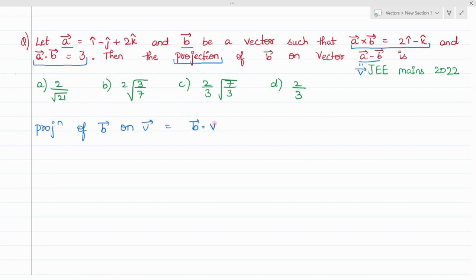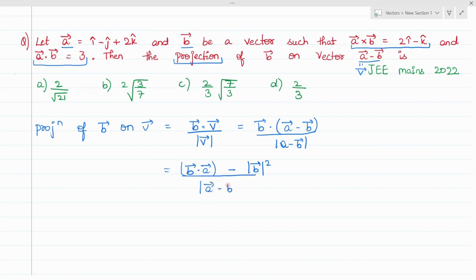It will be B dot V by magnitude of V. This we can write as B dot V is nothing but A minus B vector and magnitude of A minus B. So we can write it as B dot A minus B dot B, which is magnitude of B square, over magnitude of A minus B.